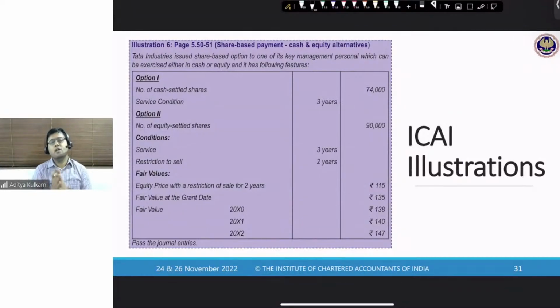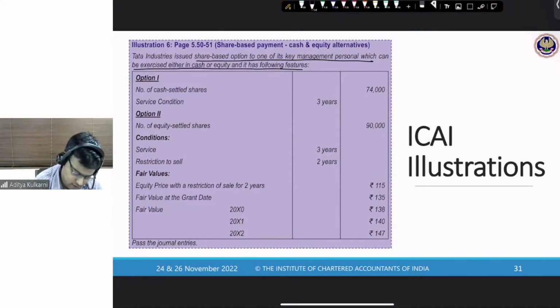All right. So now Tata Industries has issued a share-based option to one of its key management personnel, which can be exercised either in cash or in equity and has the following features. Option 1, number of cash settled shares, 74,000 with a service condition of 3 years.